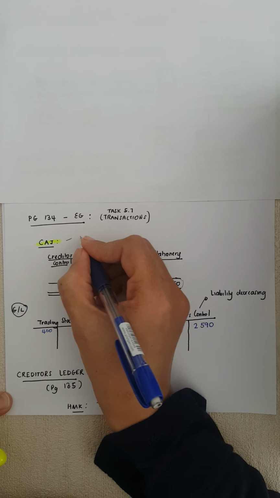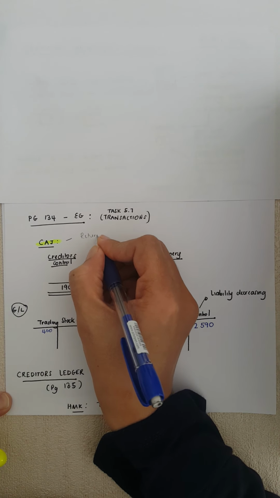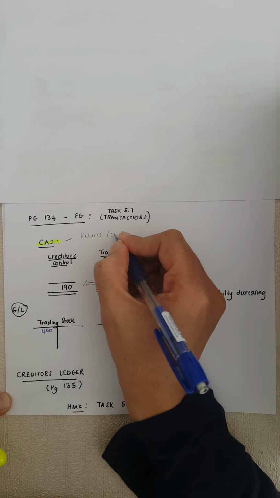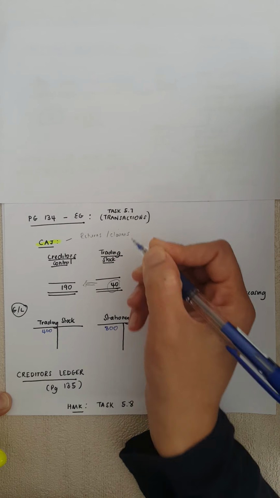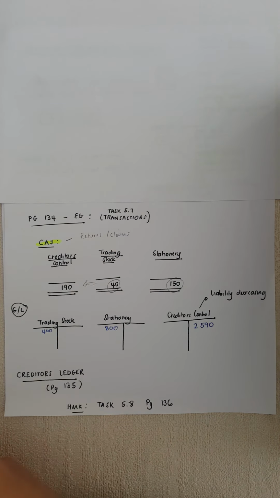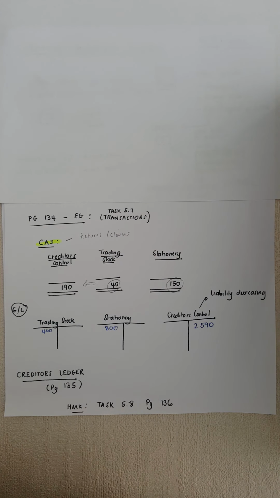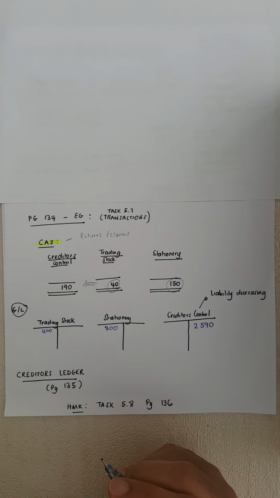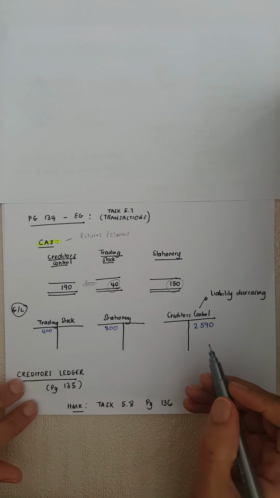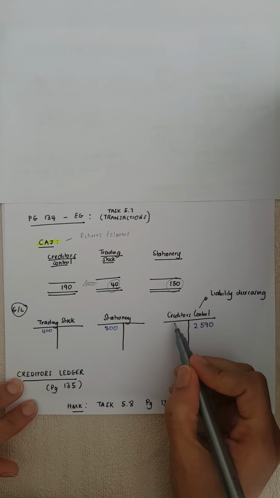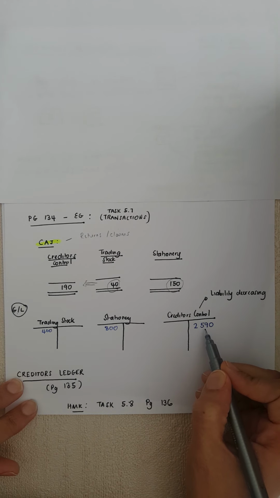Remember, this is for returns or any claims on the invoices, for discounts, etc. So we did the transactions. Now we just want to see how we're posting to the ledger. If you look at this one here, the creditors control, I've brought the amounts down from my creditors journal, which had a credit of 2590 in creditors control.